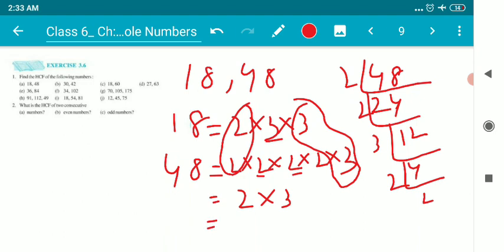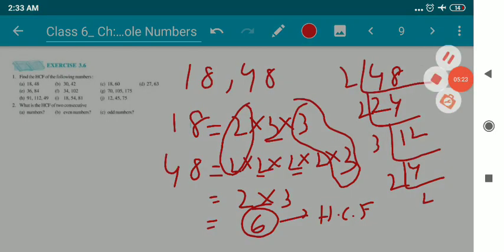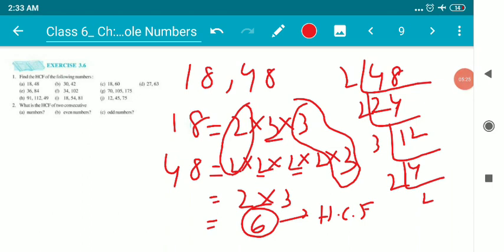So 2 into 3 results in 6. So 6 is the HCF of 18 and 48, meaning 6 divides 18 and 48 both. So 6 is the highest common factor. So I believe it's clear to everyone.